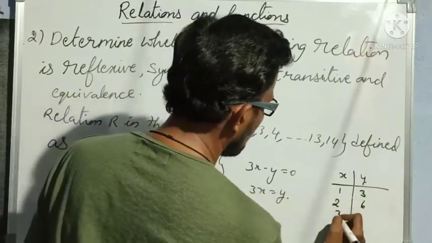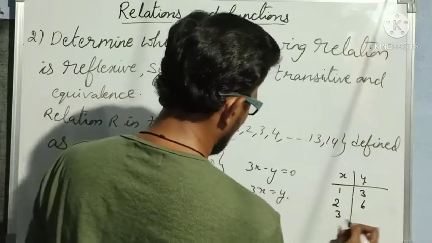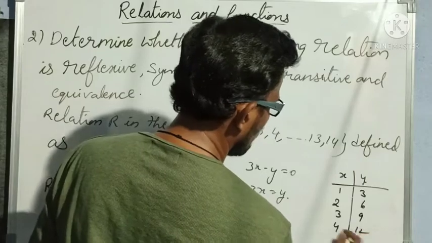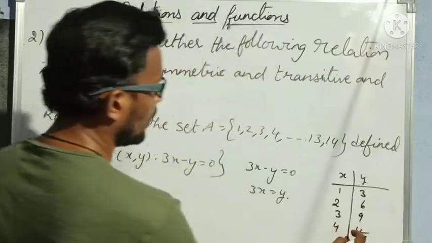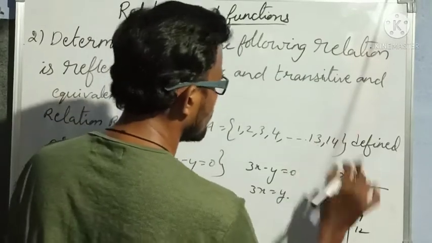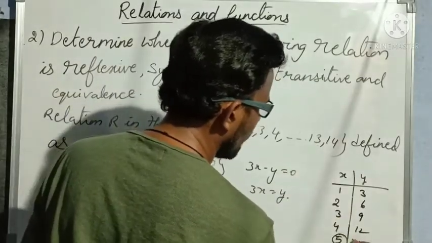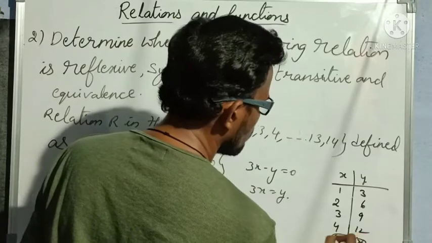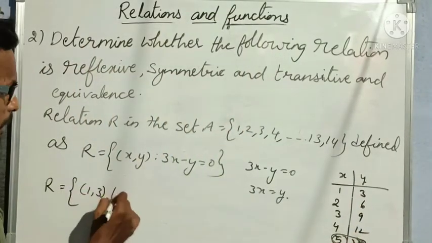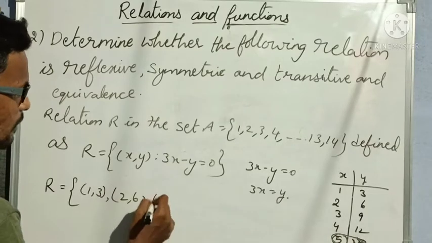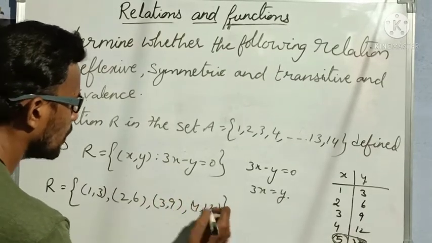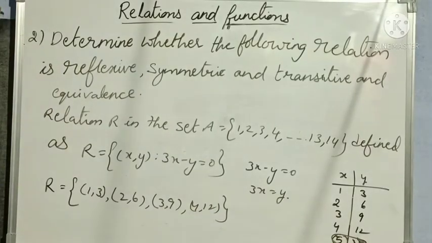If x is 3, then y is 9. If x is 4, then y is 12. If I take 5, then 3 into 5 is 15, and 15 is not in this set, so I should not take (5, 15) here. Understood? So the ordered pairs we are getting are (1, 3), (2, 6), (3, 9) and (4, 12). These are the elements of our set R.